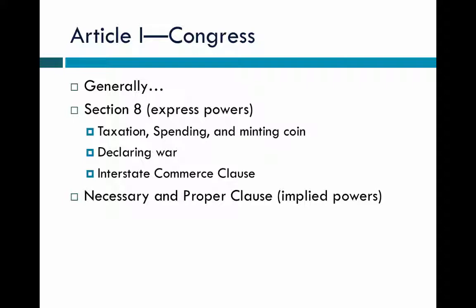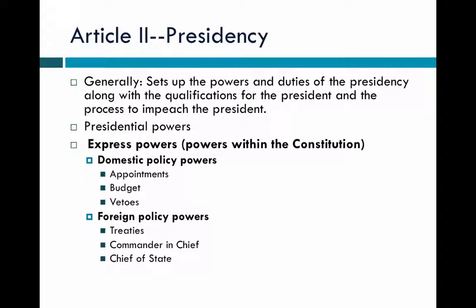So it's a catch-all clause, sometimes called the elastic clause, because the terms necessary and proper can be interpreted quite widely. It doesn't mean absolutely necessary, and when we talk about McCulloch versus Maryland in a few minutes, you will see that in play. But it means that Congress has broad power to act in cases where the Constitution has not specifically said it should be working.